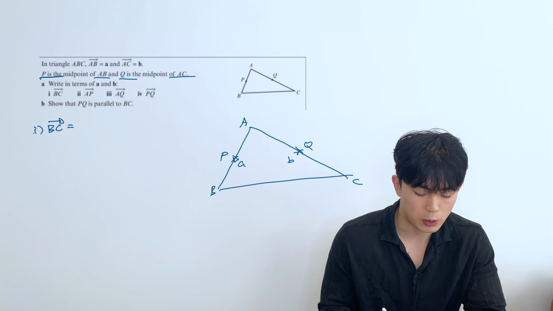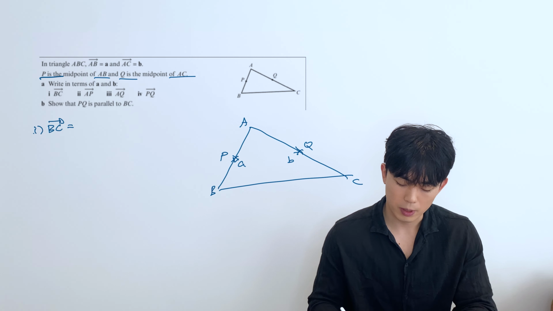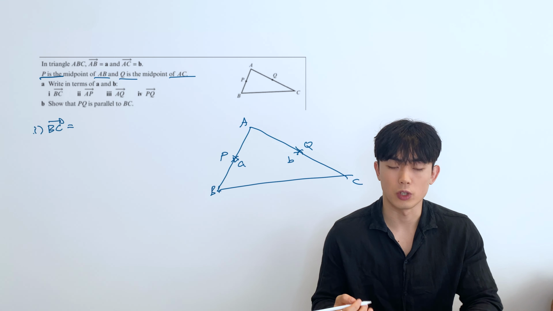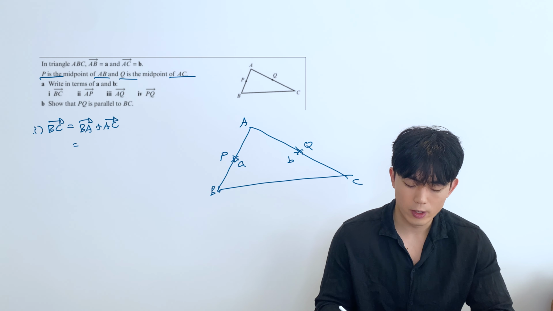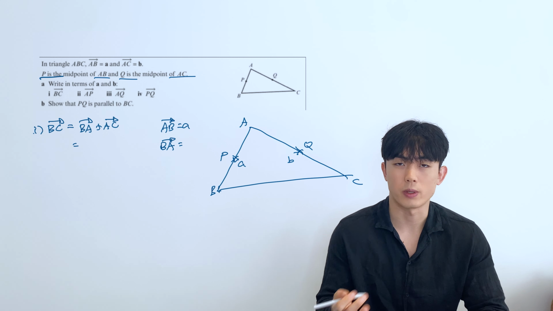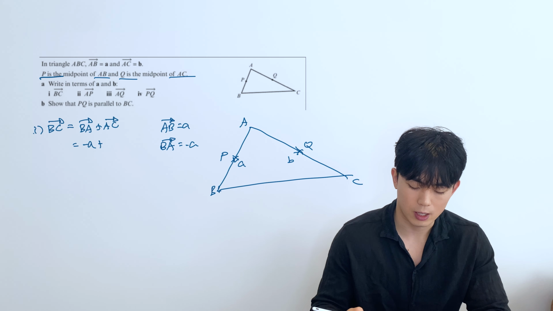When we do this, we just want to find the route from start to end. So we're going from B, and we want to end up at C, so we have to go in a route that we do know. So we go B to A plus A to C. Now, if A to B was a, then B to A is going to be the same magnitude but the opposite direction, so it's going to be negative a. This is going to be negative a plus A to C, which is just b.